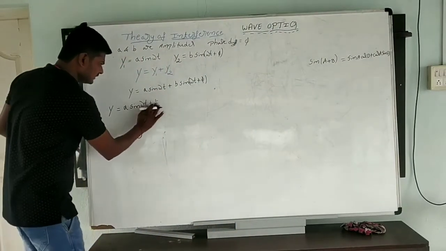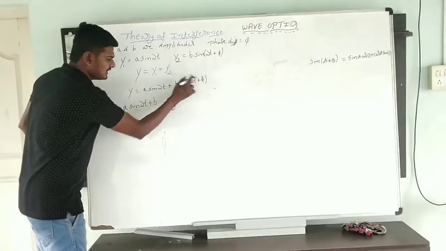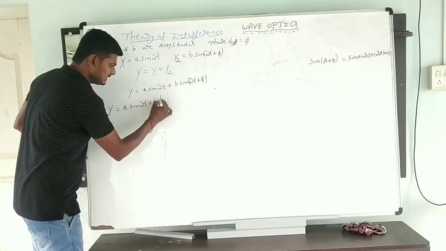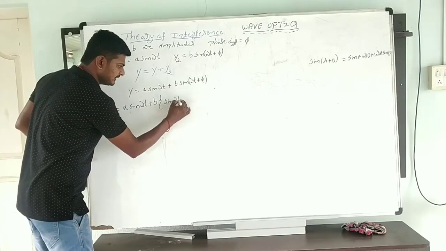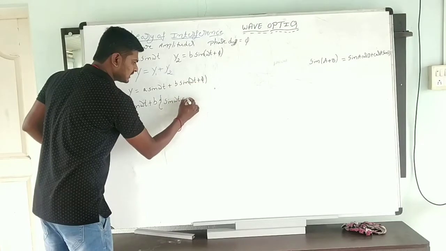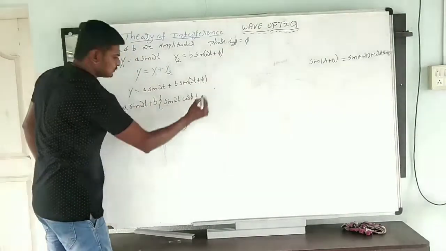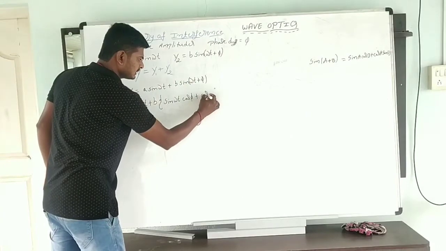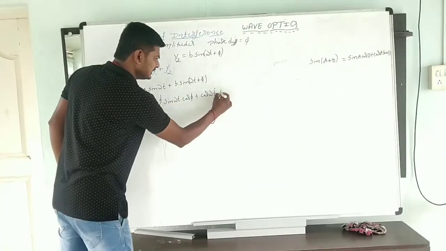In the same way, with B outside, sin of A plus B becomes sin A, which is sin omega t, times cos B, which is cos phi, plus cos A, which is cos omega t, times sin B, which is sin phi.